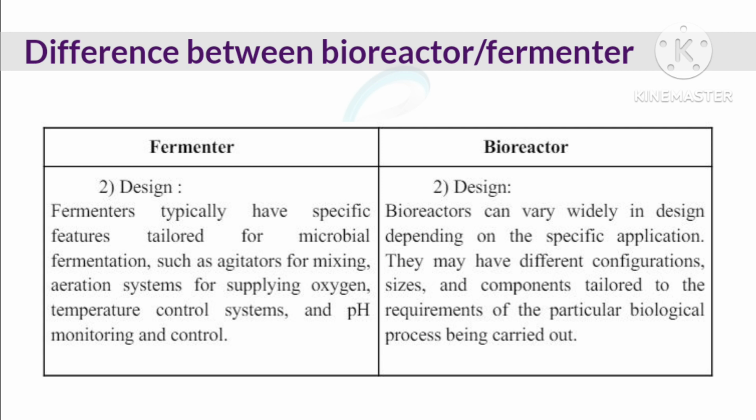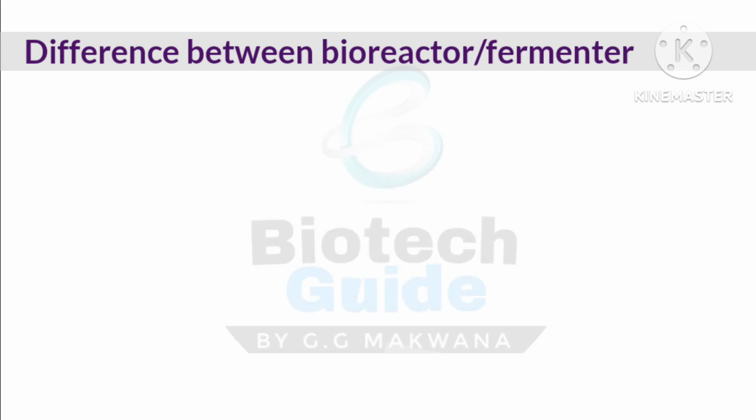So on the basis of design, fermenters have specific features required for normal fermentation, like agitators, aeration, and the pH controlling system, and all the systems required for the fermentation process are specifically attached to the fermenter. Whereas bioreactors mainly vary depending on the specific application, which we have discussed in the types of bioreactor or fermenter.